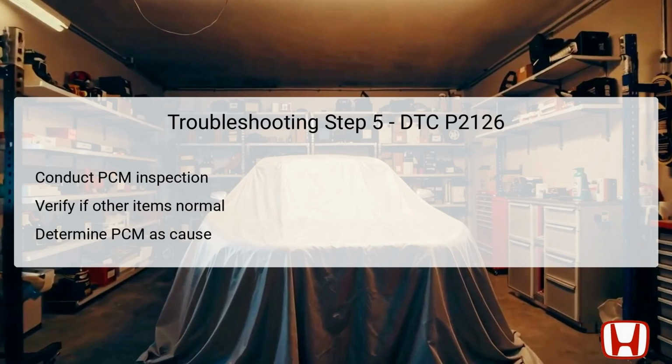During this inspection, technicians look for any signs of internal failure within the PCM, which may require replacement. If the other components were functioning as intended and the PCM is suspected of malfunctioning, this step will ideally lead to a definitive diagnosis. Ultimately, diagnosing the PCM can finalize the troubleshooting process.